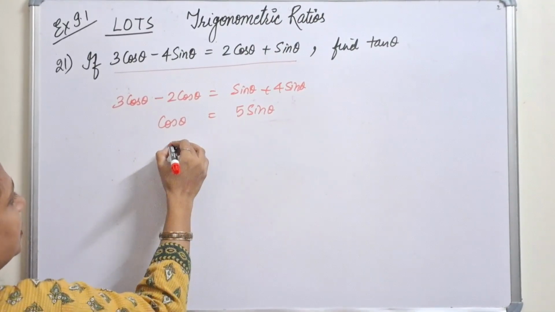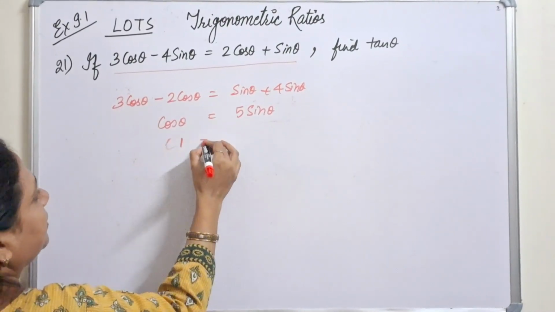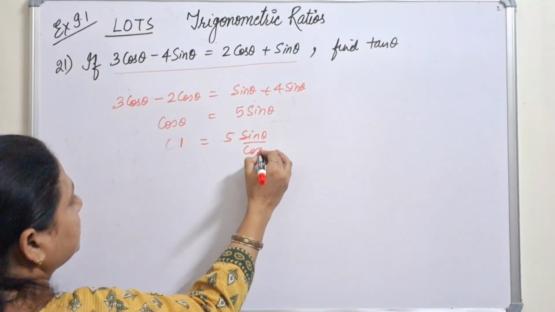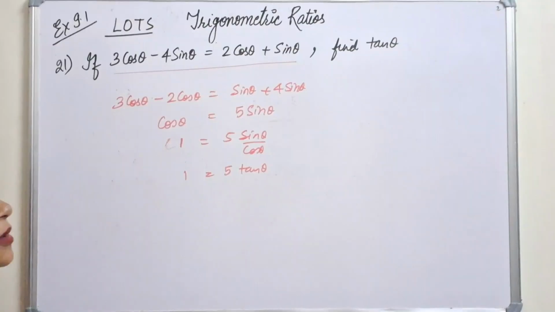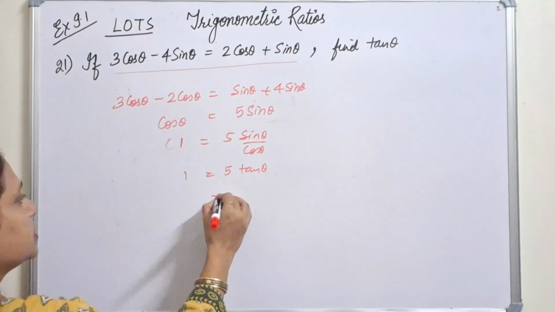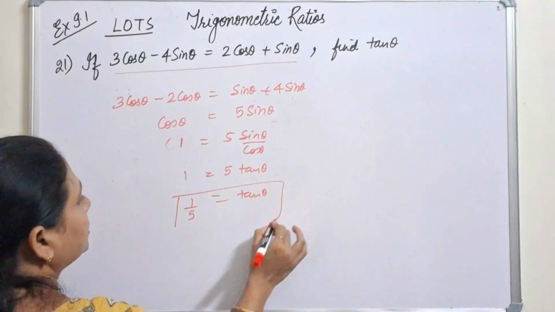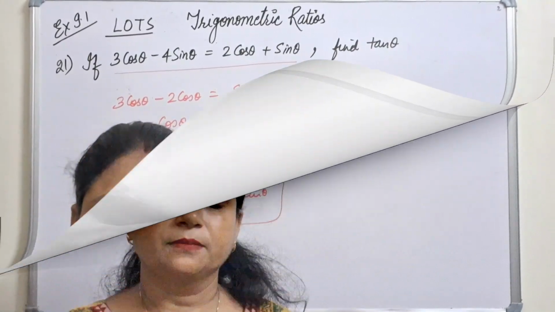So cos theta को हम इधर लेके जाएंगे. So this will be 1 upon 5 into sin theta upon cos theta, that is 5 tan theta. Sin theta upon cos theta is tan theta. So tan theta will be 1 upon 5. So the value of tan theta is 1 upon 5.